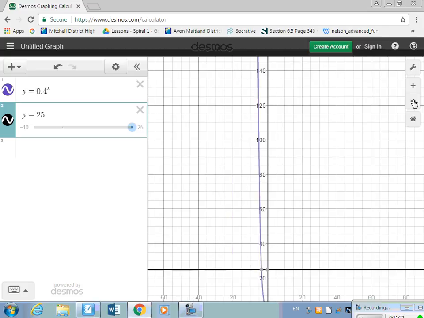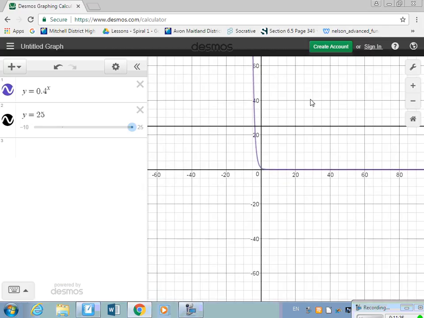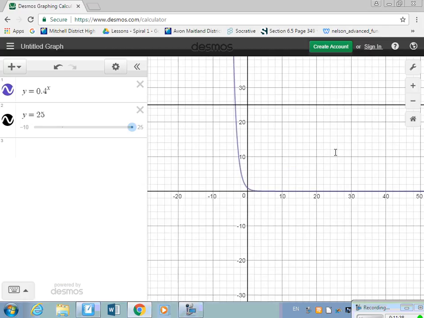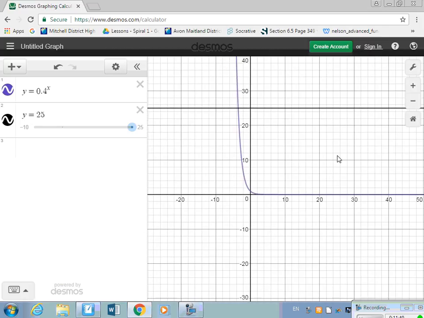So I'm going to zoom, okay, there it is. I can zoom in at this point because now I can see where they intersect. And they intersect right here. So the point of intersection is negative 3.5, and I'm just going to write that down so we can take that over to our note, and 25.